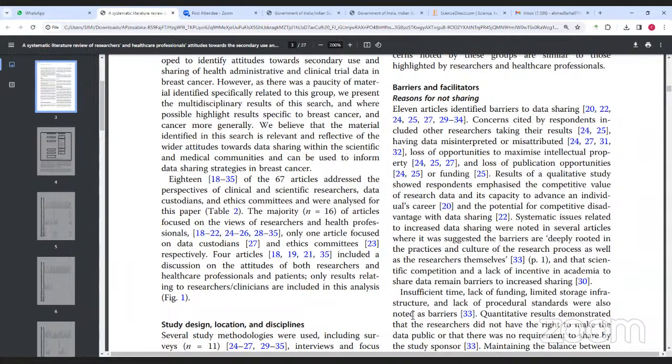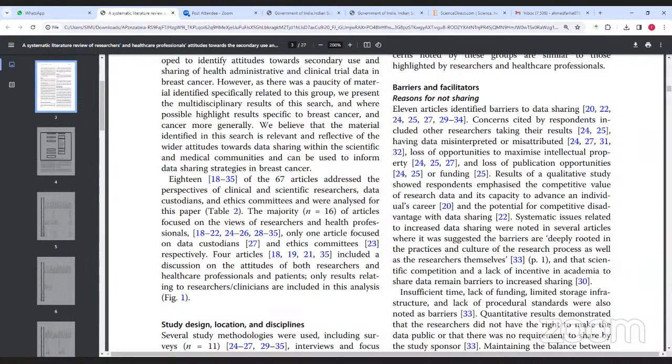Yeah, it is possibly written there. Sir, because here you can find respondents included other researchers taking their results. That is also a barrier. So what are the barriers in data sharing that have been identified by the authors?